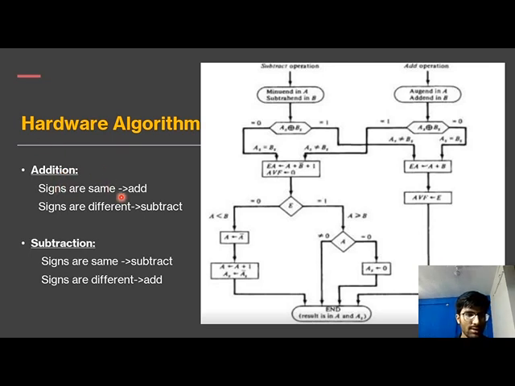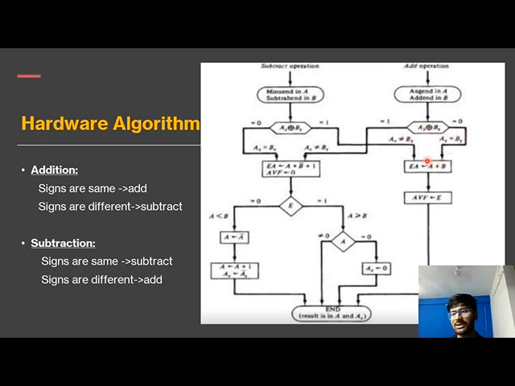Okay, so the hardware algorithm, yes, this is the main one. In addition, if signs are same, then add, and if signs are different, then subtract. In subtraction, if signs are same, then subtract, and if signs are different, then add. So for the add operation, if we do A plus B, A is inserted in A, and B is inserted in B. It means B is added to A. When we do XOR of the sign bits of A and B, if we get XOR as zero, it means both signs are same.